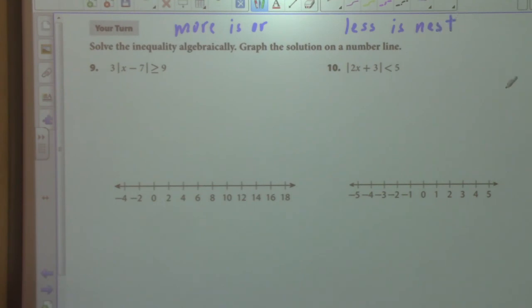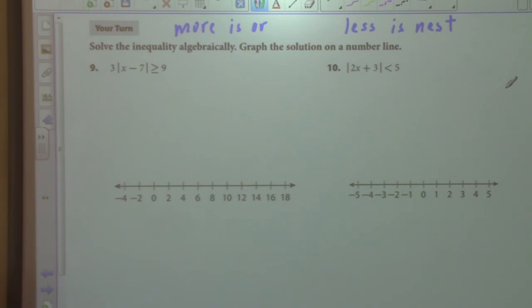It's a memory aid. You know the little songs and things I've been having you do? This is one of them. More is or. Less is nest. It's like a chant, a mantra.